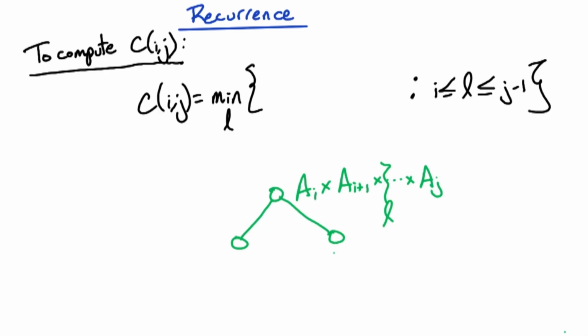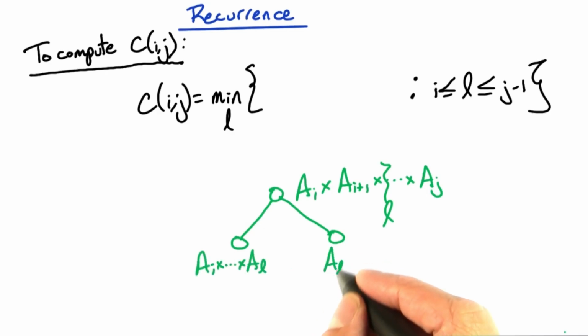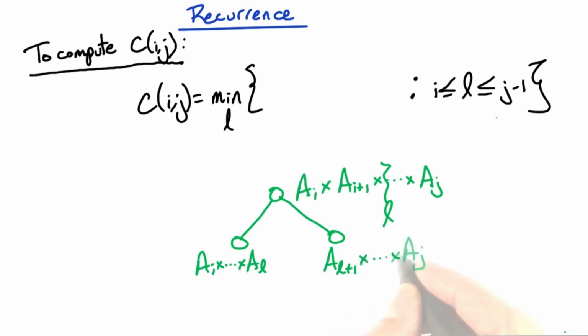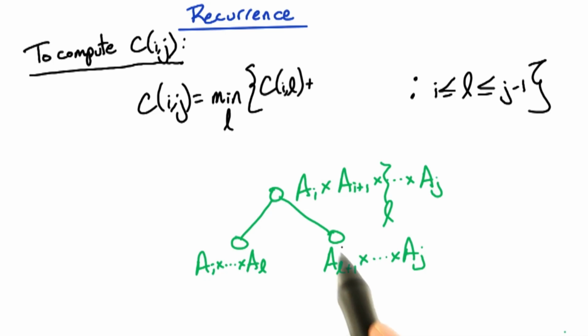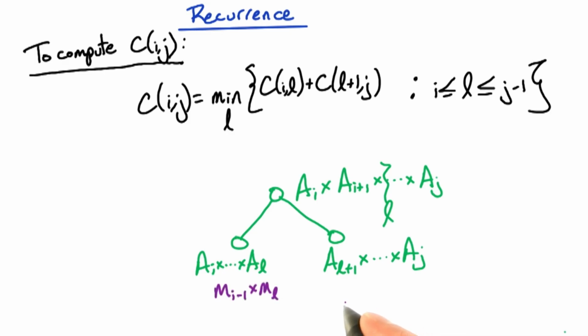The left subtree corresponds to A_i through A_L. The right subtree corresponds to A_{L+1} through A_j. The minimum cost for computing this left subtree is the entry C_iL. The minimum cost for computing this right subtree is C_{L+1,j}. Finally, we have to combine these together. Recall this product matrix is of size m_{i-1} by m_L, and this product matrix is of size m_L by m_j.